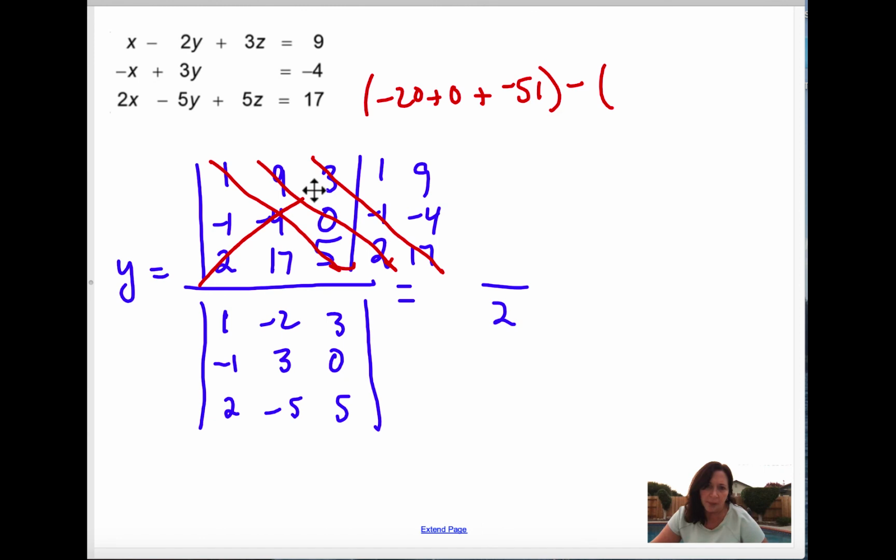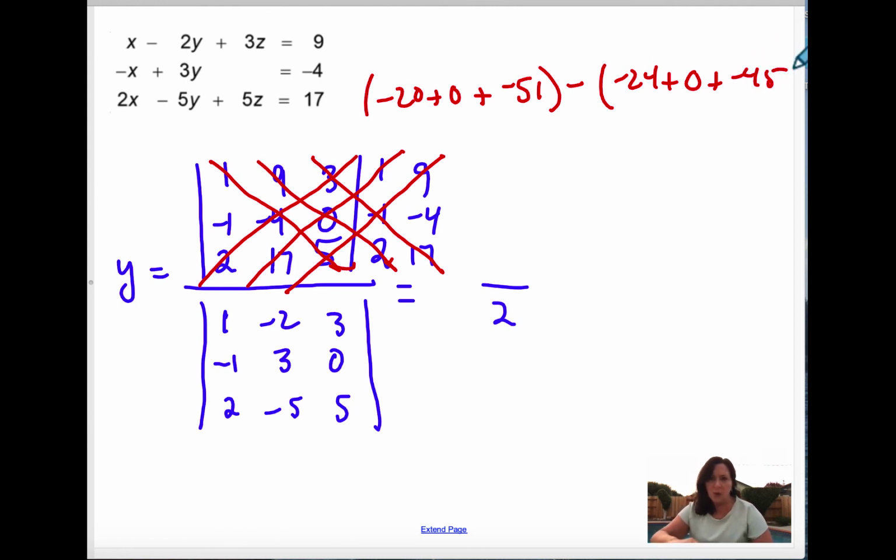So 2 times negative 4 times 3 is negative 8 times 3, which is negative 24, plus 17 times 0 times 1, which is 0, plus 5 times negative 9, so that would be negative 45. Negative 45 and negative 24 is negative 69.